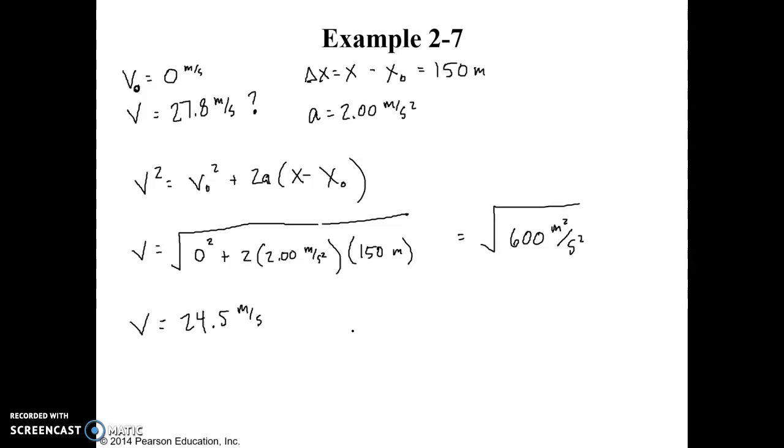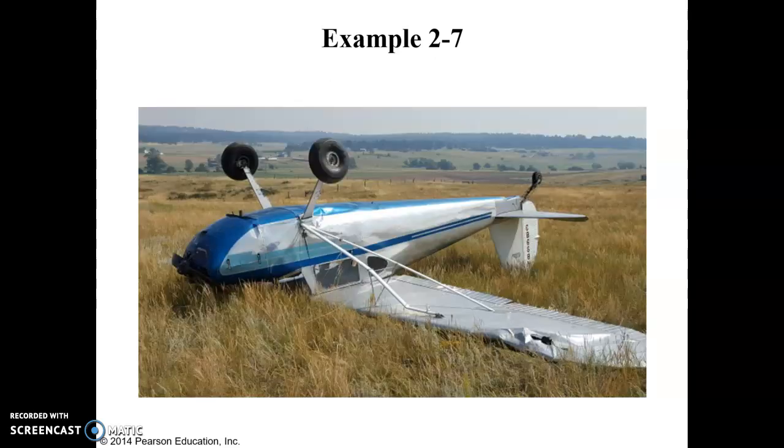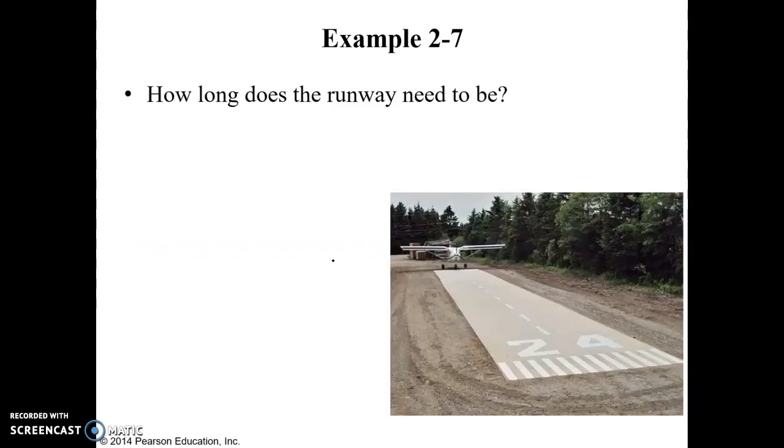But our problem statement said it needed to be 27.8. So this is less than 27.8 meters per second. So we've got a problem here. Our plane is not going to take off. We need a longer runway. So how long does it need to be?